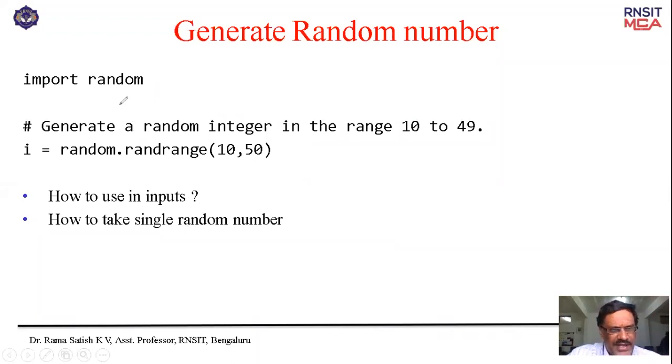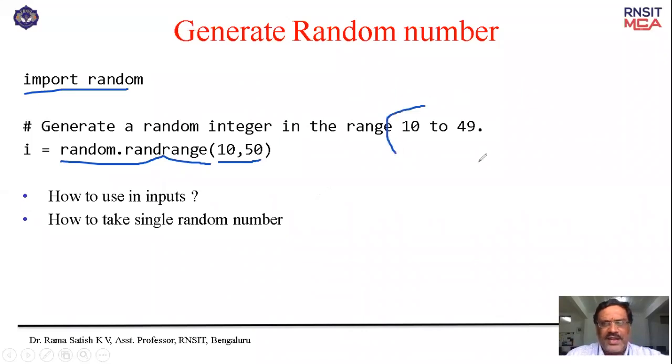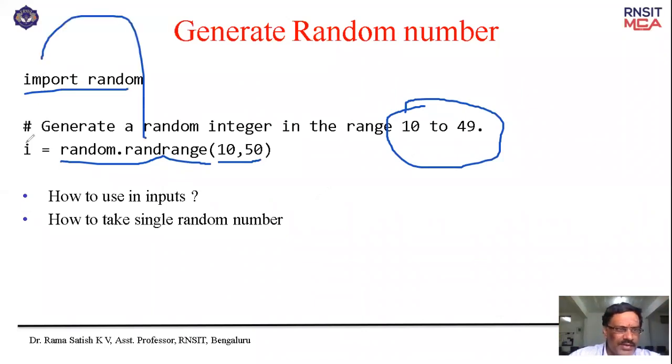Import random, and next is random.randrange between 10 to 50. That means it will generate any number between 10 to 49, and the generated number will be stored in i. So it is randomly generating a number.